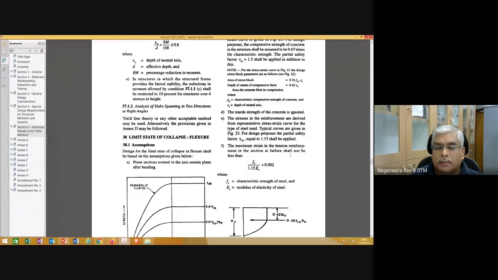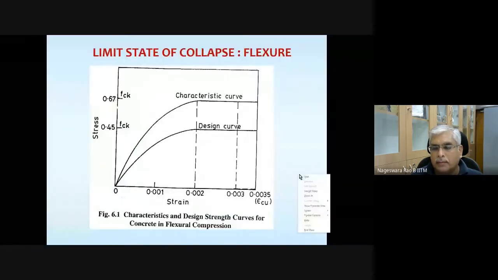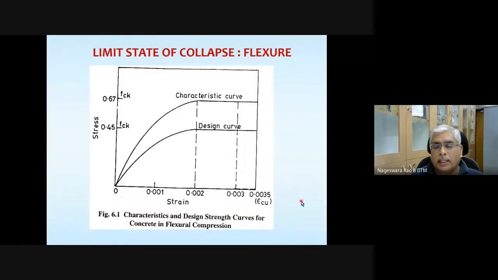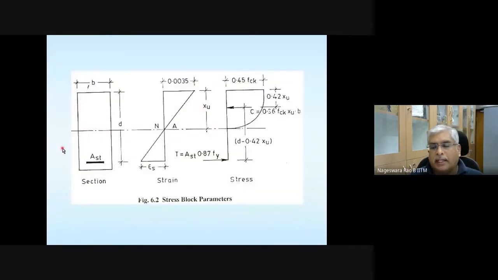Based on these two assumptions, yesterday we have, whatever we just discussed, they are given in these figures. Stress strain curve for concrete, stress strain curve for steel, and a rectangular section is taken for illustration purposes.